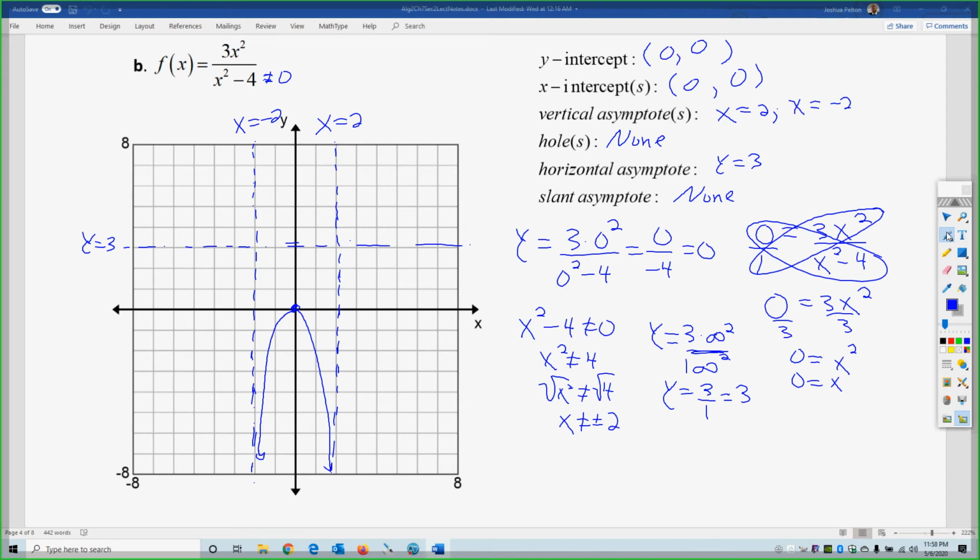So if I plug those in, I'd get y equals 3 times 1 squared over 1 squared minus 4, which would give me y equals 3 over negative 3, which is negative 1. So we get essentially that. And if you plugged in negative 1, it wouldn't make any difference because you're squaring them. So you would still get that right there. So I'm a little off on my graph, but the general correct direction.